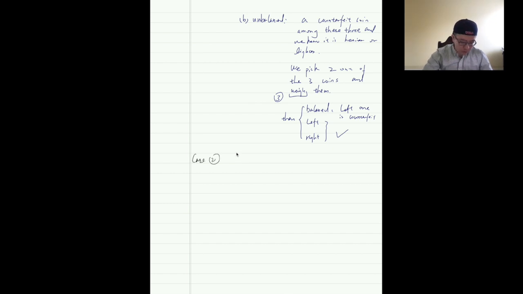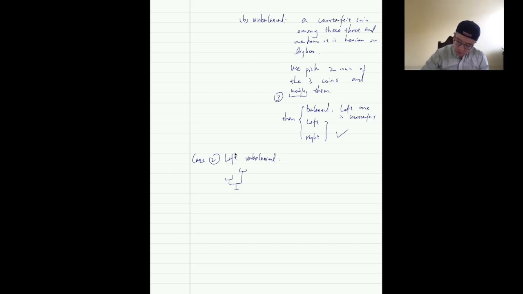So now we need to take a look at a much more complex case, which is case 2. Let's say case 2 is left, so it's left and not balanced, which means the left is heavier, okay? In this case, because they're unbalanced, we know that we have a counterfeit coin first of all, and the counterfeit coin would be in either left or right, because we don't know whether it's heavier or lighter.